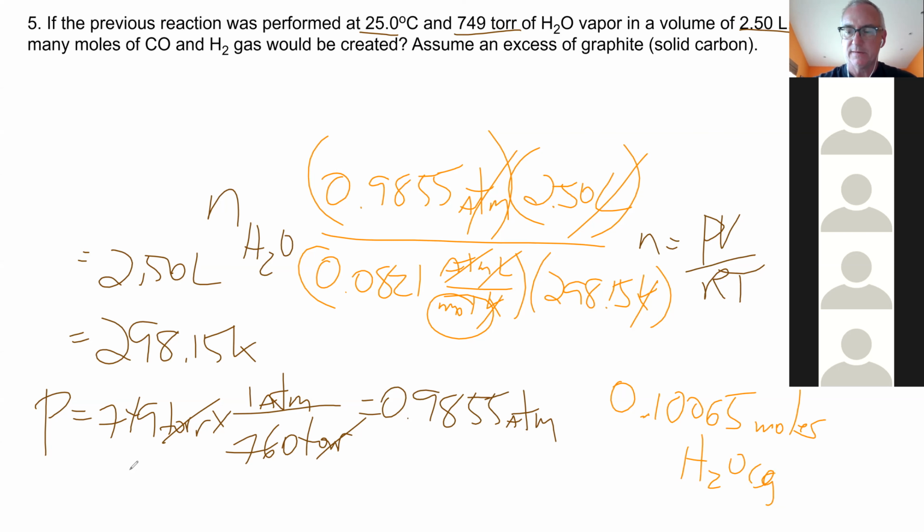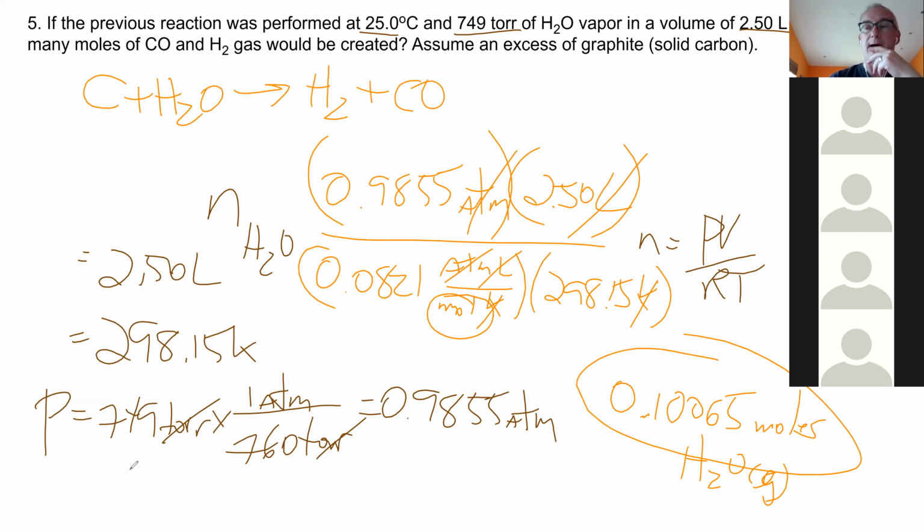Now go back to the balanced equation we had, which was carbon plus water makes H2 and carbon monoxide. What's the molar ratio of the water vapor to hydrogen and carbon monoxide? 1 to 1. So same amount, so that'd be your answer right there.